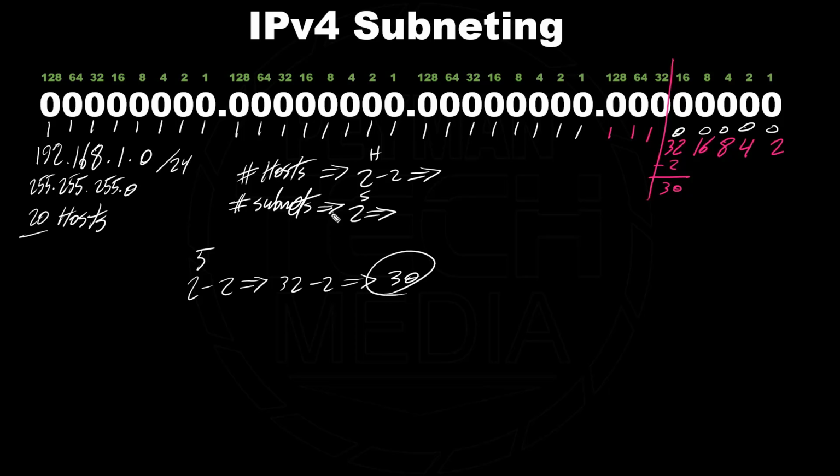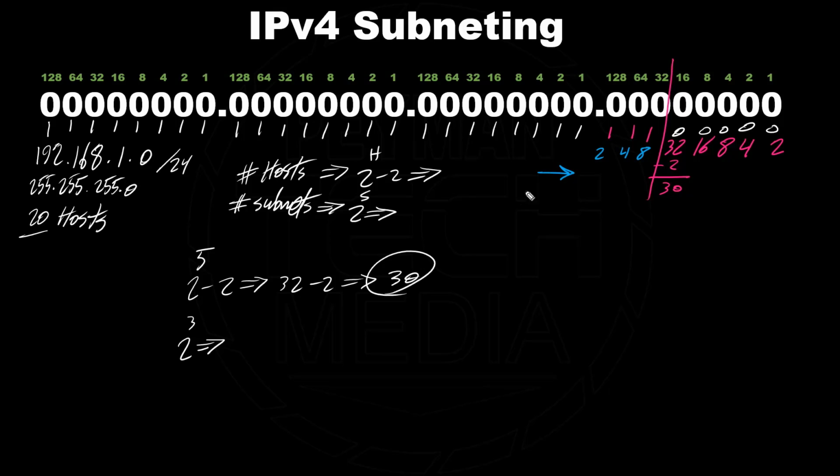How many subnets? 2 to the power of subnet bits. How many subnet bits do we have? 1, 2, 3. So 2 to the power of 3. The same formula applies if we count going from left to right, starting with 2, 4, 8.